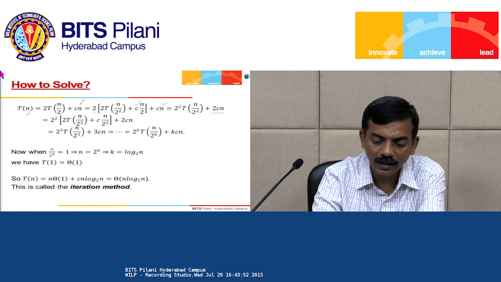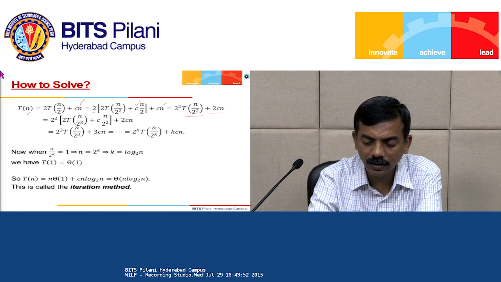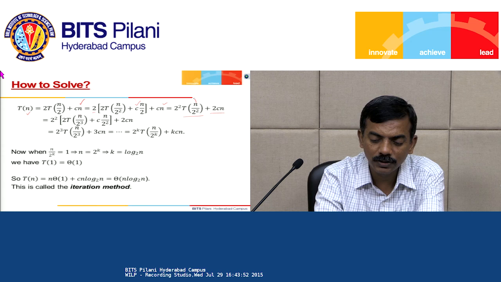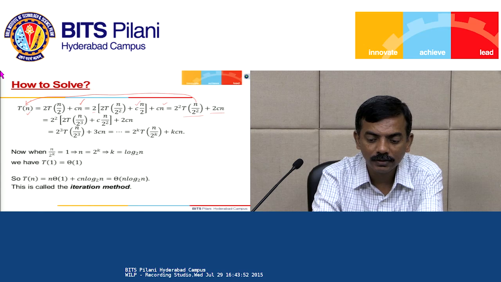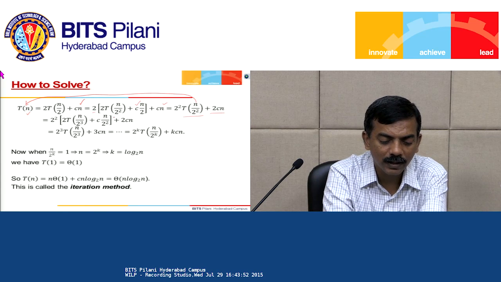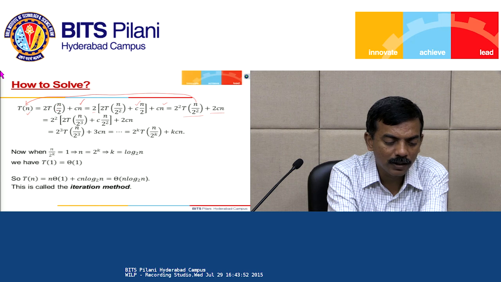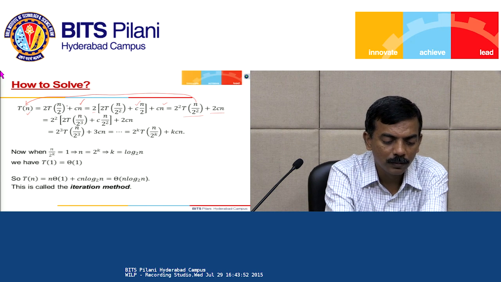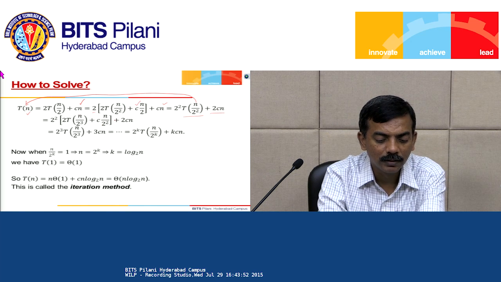I again unfurl it a little bit further. I will say let's unfurl this T(n/2^2) by simply substituting here. It is nothing but 2 squared, again brackets, and this is nothing but twice T(n/2^3) plus Cn/2^2, plus 2Cn.